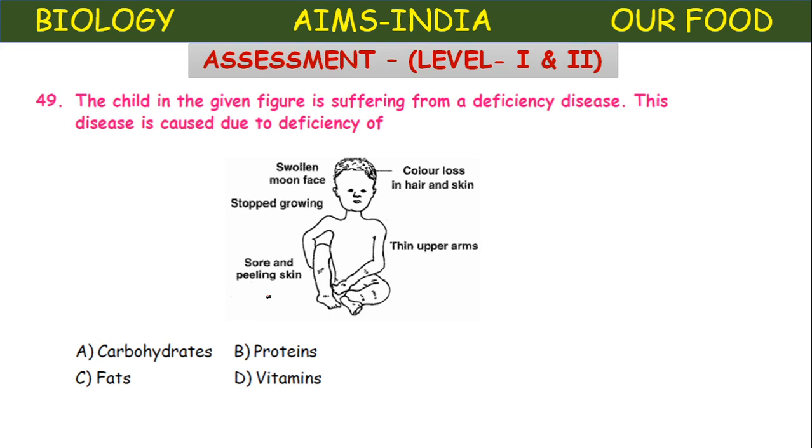Skin also becomes dry and loses its natural shine. Is it the deficiency of carbohydrates, proteins, fats, or vitamins? This disease is called kwashiorkor. It is due to the deficiency of proteins because of stopped growth. When the child is weaned off by the mother at an early age and the food is replaced with normal food, it leads to this disease.